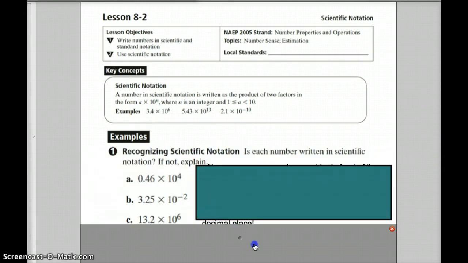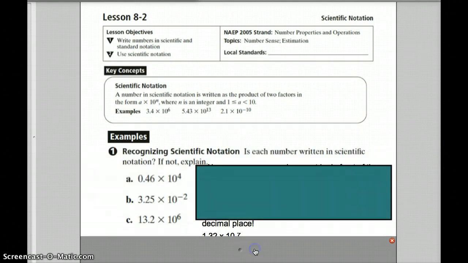We have three numbers: 0.46 times 10 to the 4th, 3.25 times 10 to the negative 2, and 13.2 times 10 to the 6th. Now, which of these numbers is in scientific notation and which is not?